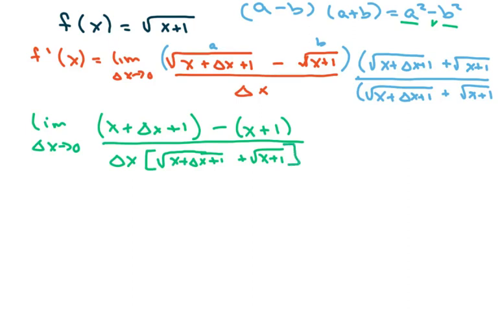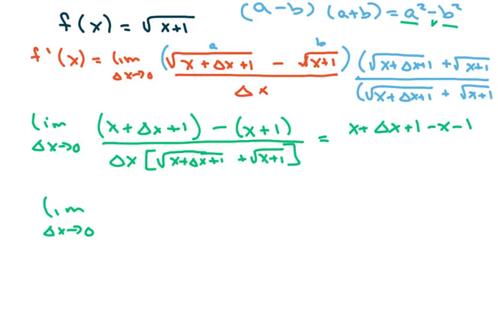Alright, and then we're going to clean up the numerator. Let's see. I'm going to go ahead and write it over here. If you clean up the numerator, you're going to get x plus delta x plus 1 minus x minus 1. So basically what's left is just delta x.